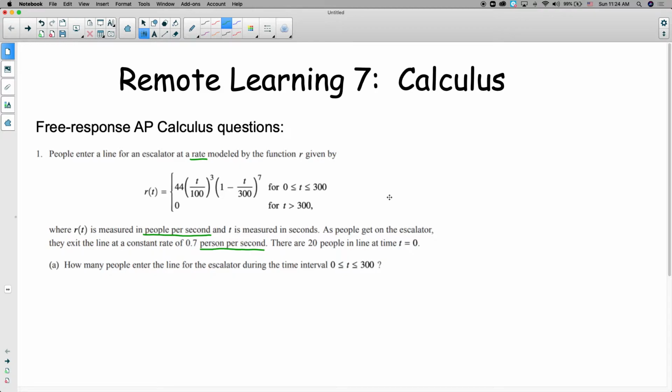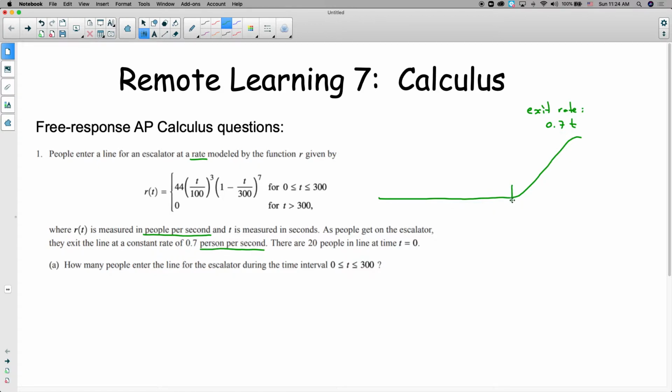Okay, so there's a line, there's an escalator, and there's an exit rate that we need to keep our mind on, and that's 0.7. And for every second that passes, 0.7 of a person is exiting the line. That's what it says right here.